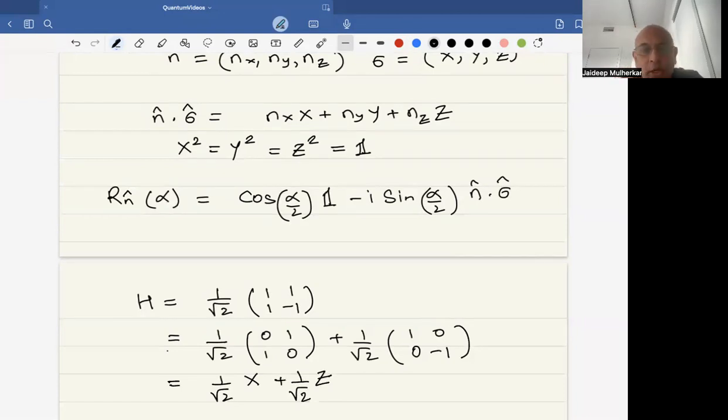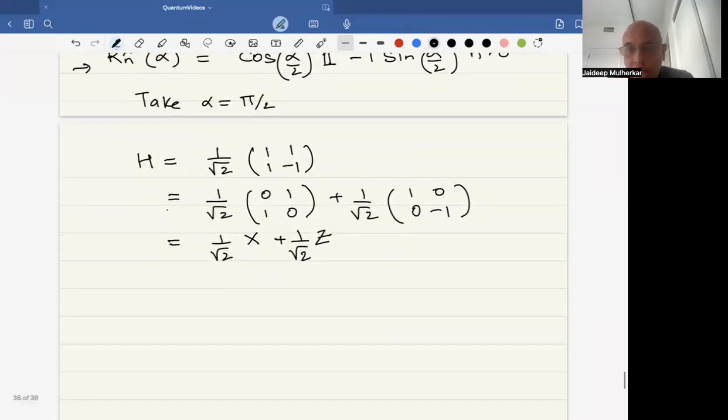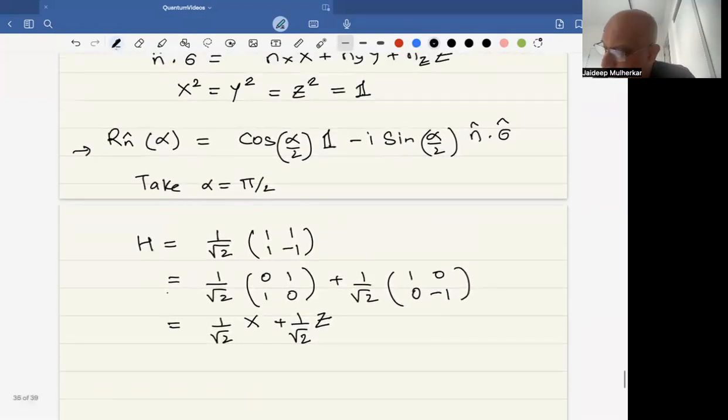Right, now let's take a look at this equation over here. Suppose I want the Hadamard matrix to be defined by this equation. Suppose I take the angle alpha equal to pi over 2. So Rn, and let's take n to be 1 over square root of 2, 0, 1 over square root of 2.